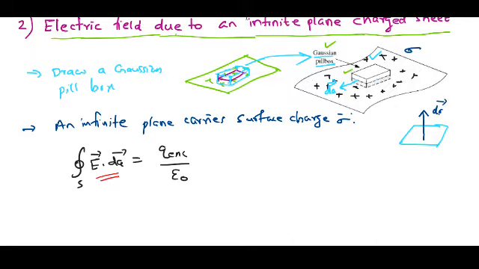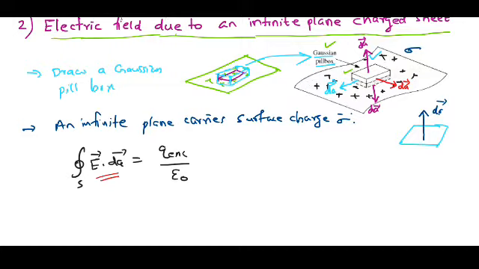Similarly, here for this region, the direction of the area vector will be like this one. Then what about the upper and lower surface? The upper surface, the area vector will be along this direction. The lower surface, the area vector will be along this direction.